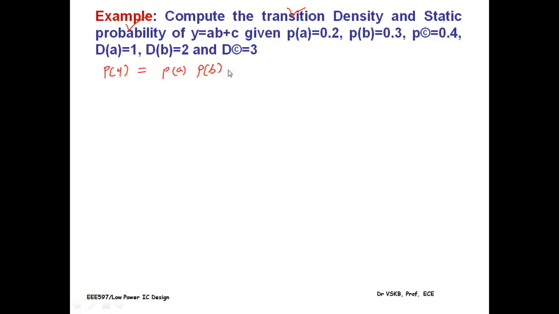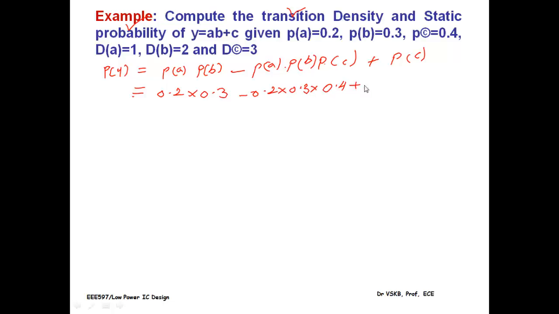I will take the same answer from the previous case: Pa into Pb minus Pa Pb P of C plus P of C. That is what we had obtained, and I will substitute the values from the problem: 0.2 into 0.3 minus 0.2 into 0.3 into 0.4 plus 0.4, that would be 0.484.